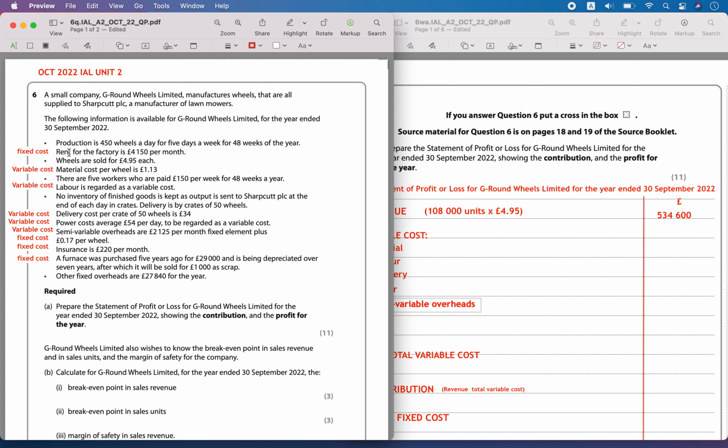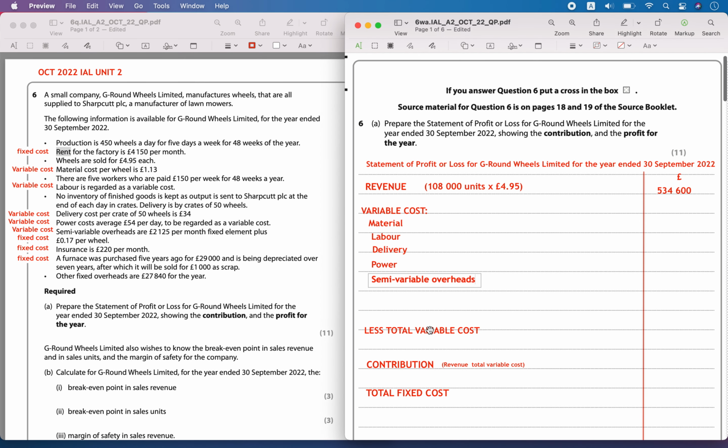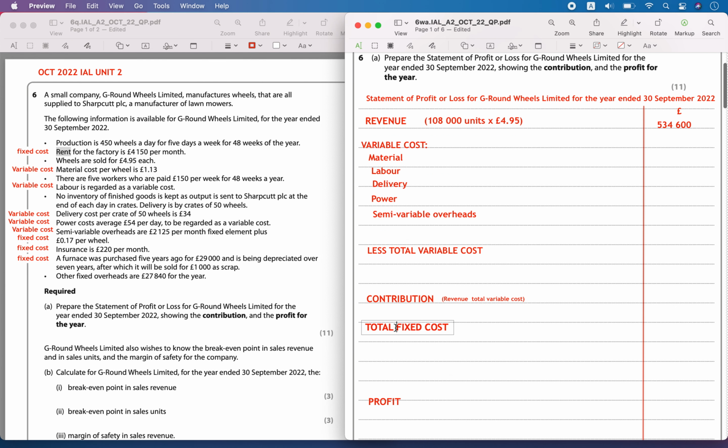So you have rent, which is acting as a fixed cost. Then, what else is there? Insurance, which is a fixed cost. Then this has semi-variable overheads, so let's write it here.